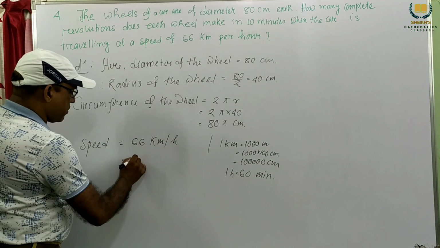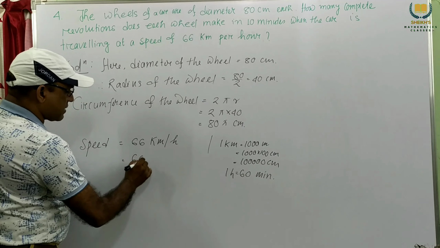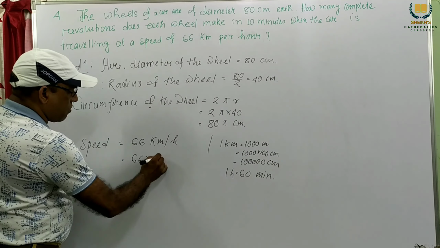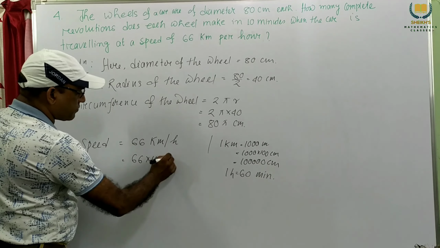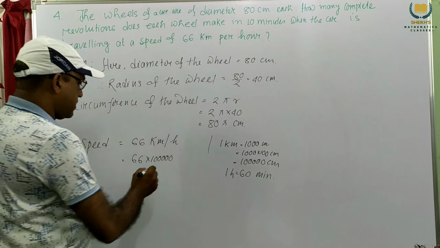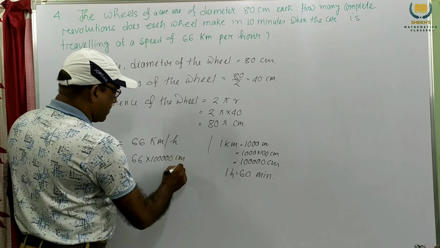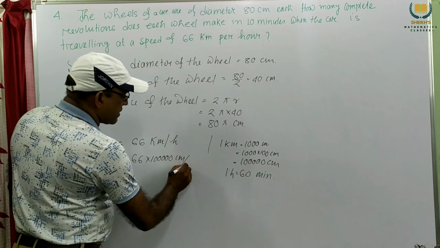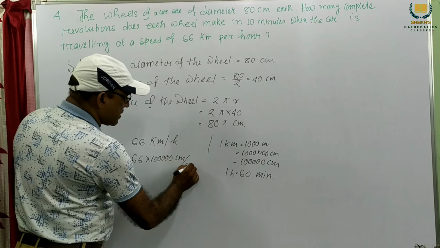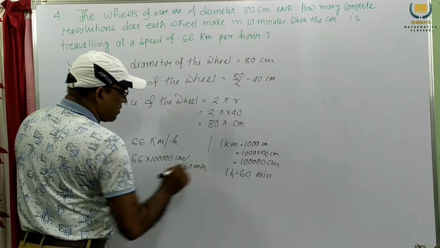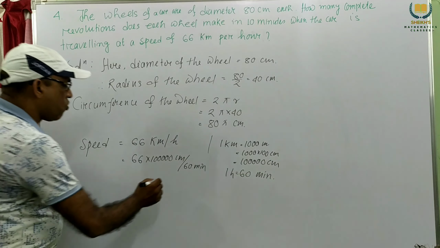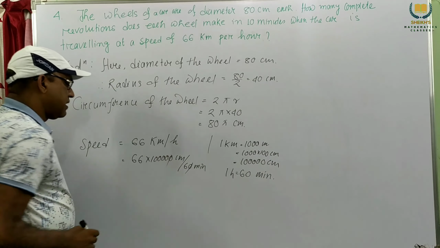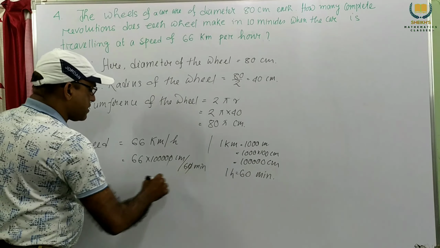So we convert 66 into 1 lakh, we write 5 zeros, centimeter per 60. This is hour, means 60 minute. This 1 zero is cancelled and this 6 also cancelled.